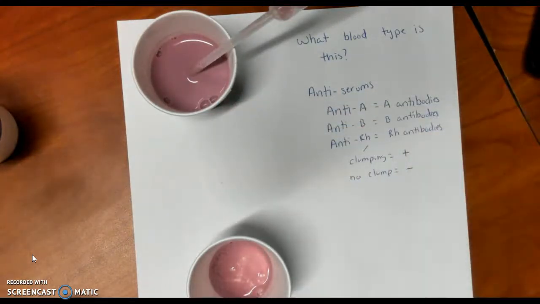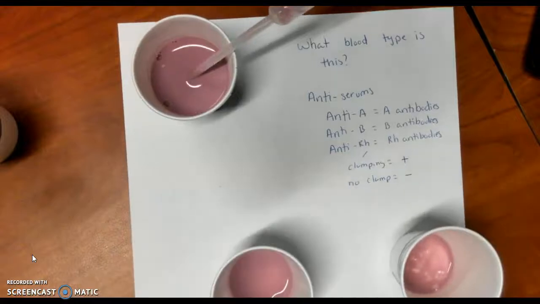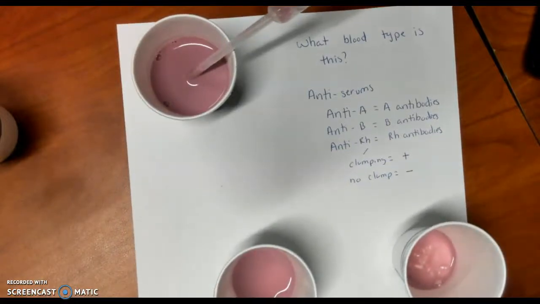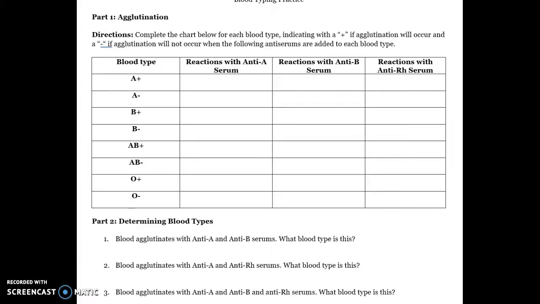So what you'll need to do to actually get this lab started is you'll need to complete an assignment showing me you understand how to do this before I actually give you the okay green light to run wild with this. This is the front side of your assignment. I'm telling you that these are the different blood types, type A positive, A negative, so on and so forth. What I need you to do is let me know what's going to happen with A positive blood if you mix in the anti-A serum with it.